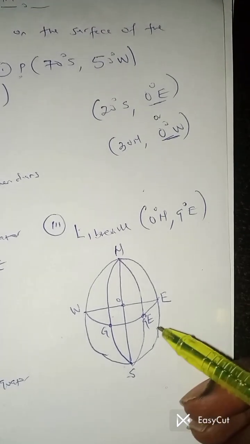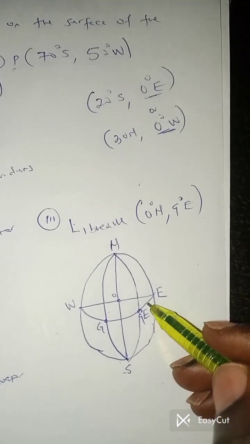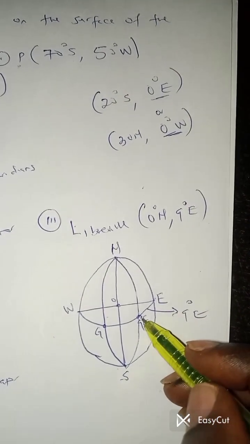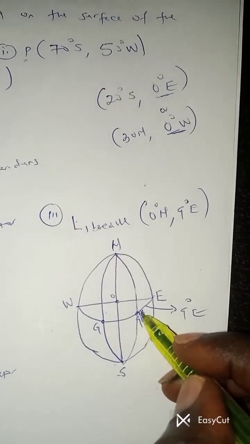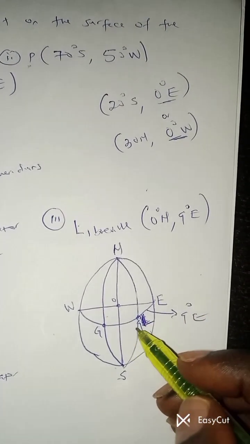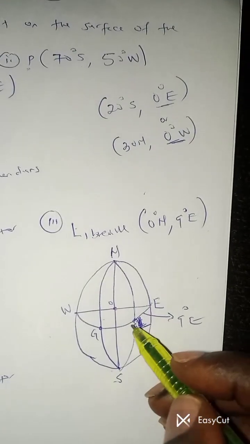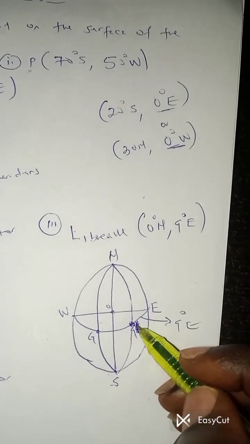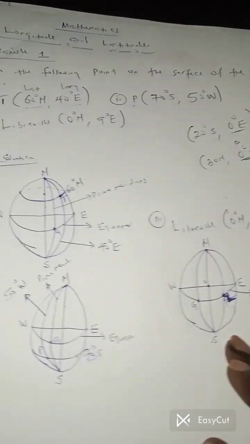This point is my Libreville, the intersection of the equator and the 9 degree east longitude. I just use L to mark that point. So that's all about that.